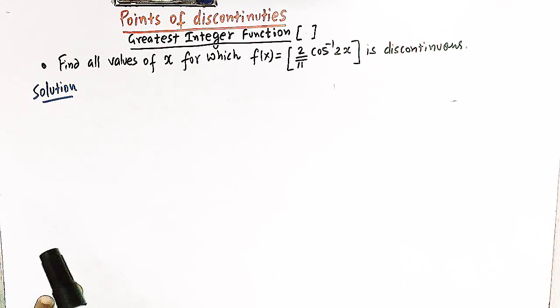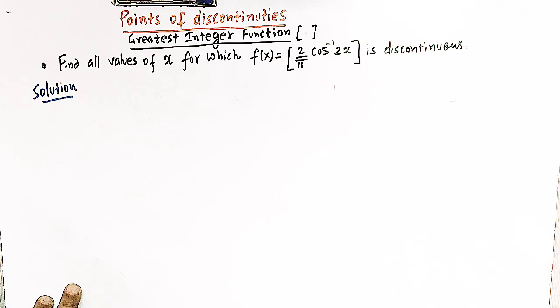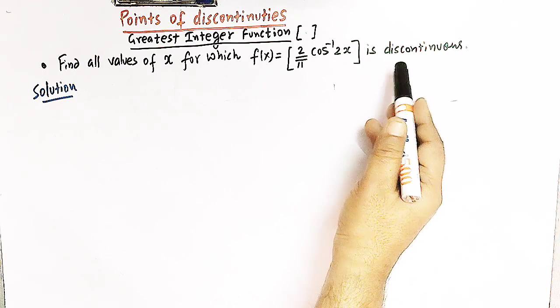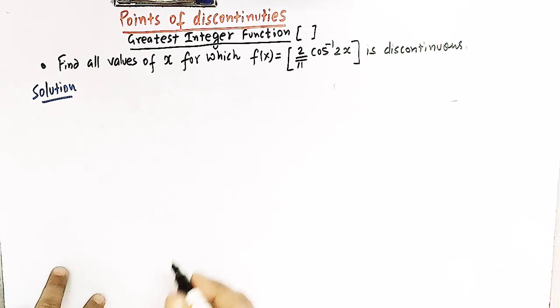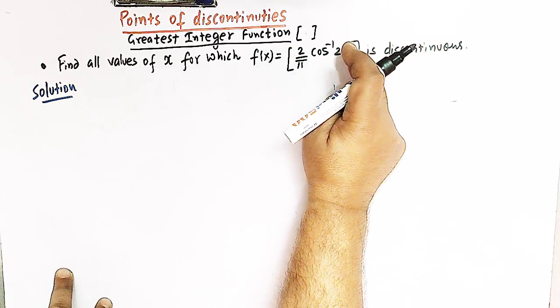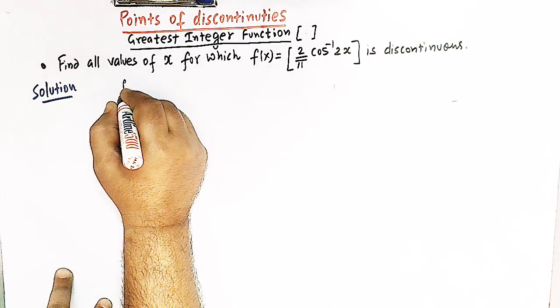So let us apply these two concepts to get the required values of x for which this greatest integer function is discontinuous. Now let us consider this expression which is inside the greatest integer function symbol as p.